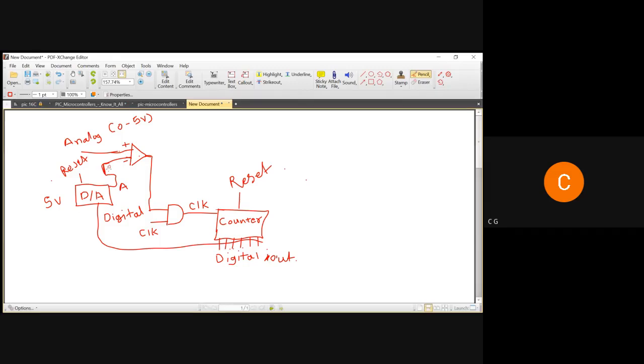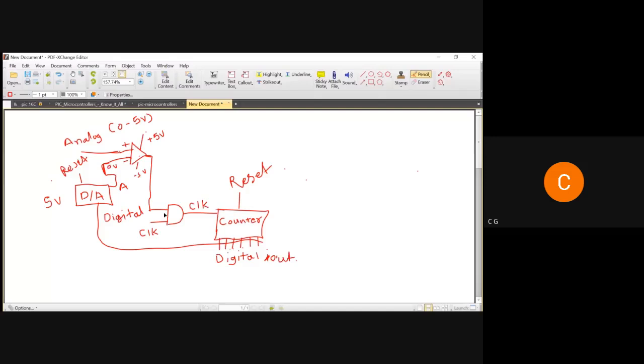The op-amp works like a comparator, with 5 volt and below. You can keep minus 5 volt if you want bidirectional operation. We have a habit of getting plus 12 minus 12, but here it is working plus 5 minus 5. So any voltage above 0 volt, because of the comparator operation, gives you a very high value, 5 volt.